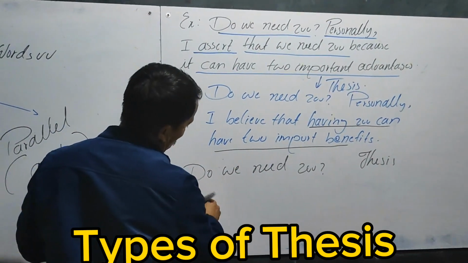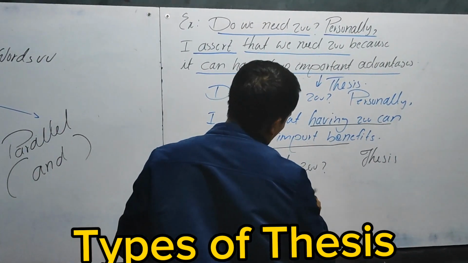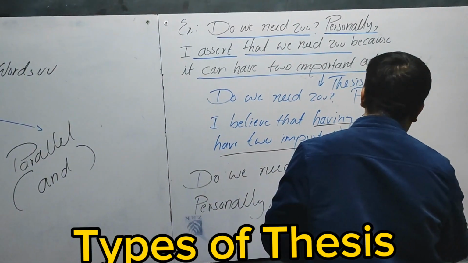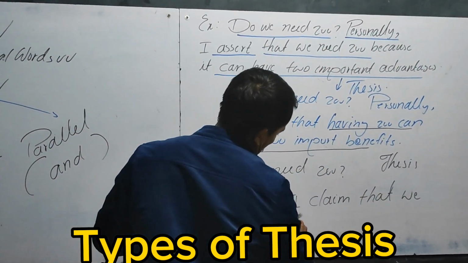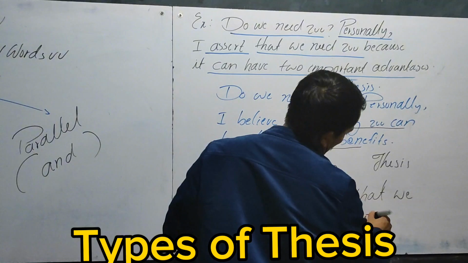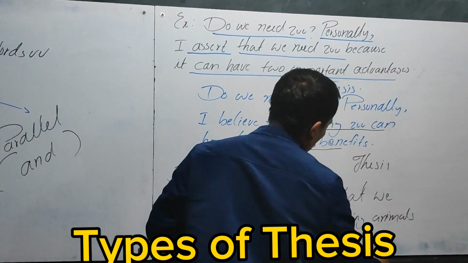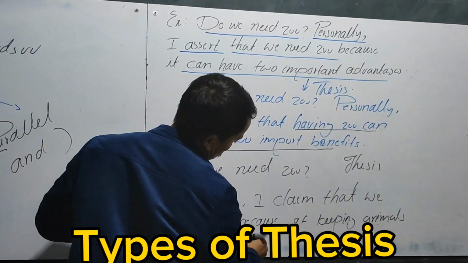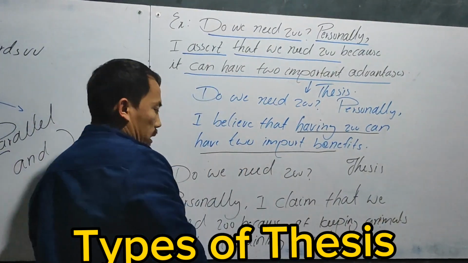We said that personally, for example, I claim that we need zoo because of keeping animals and entertaining people.